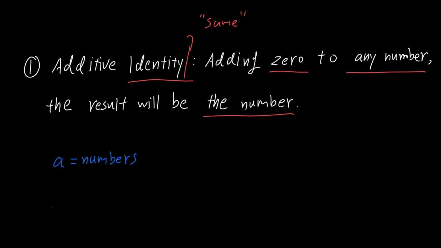So it's going to be a plus 0 equals 0 plus a, which equals a. So a plus 0 will still be a, and 0 plus a will still be a. And I want to box it.